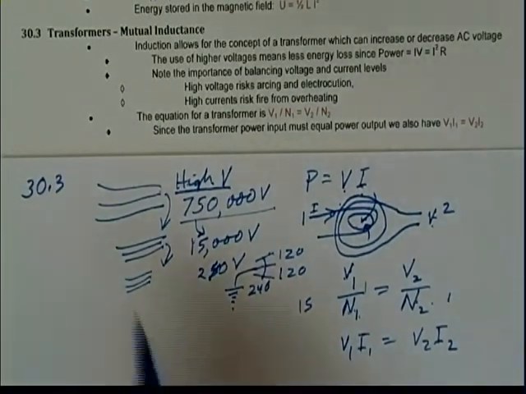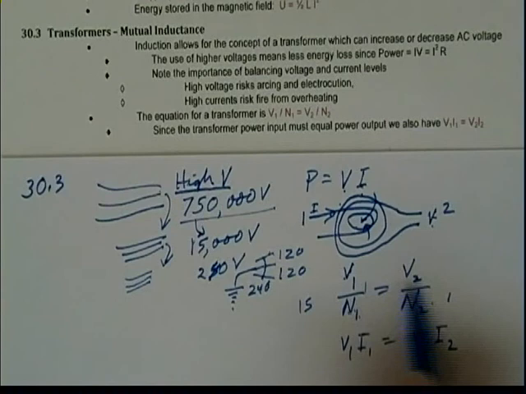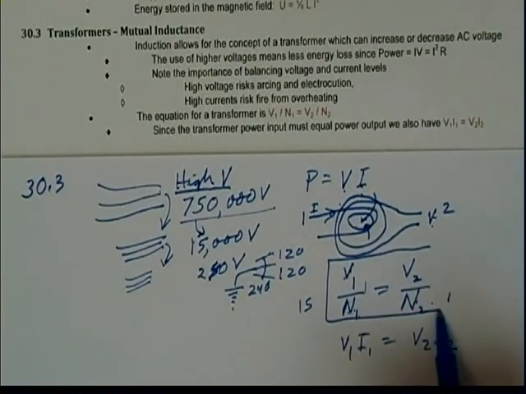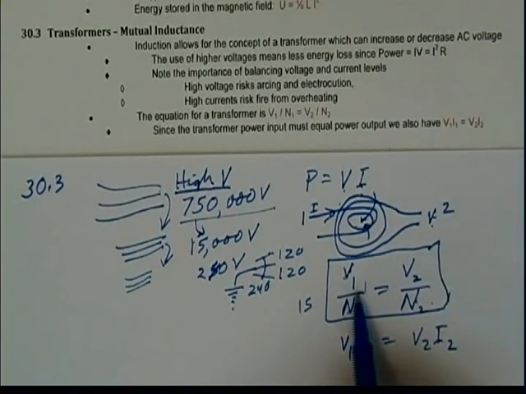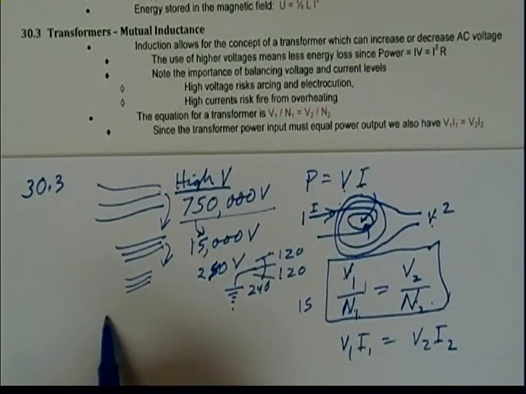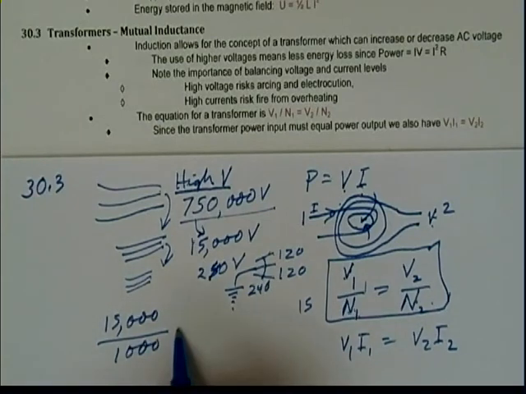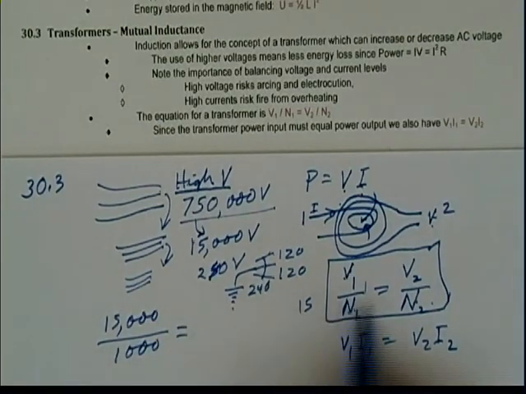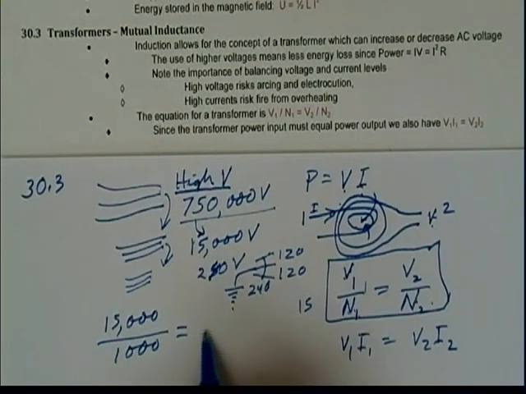So what kind of problems might you have to work here? Well, simply using this equation right here, you can say if we started out with 15,000 volts here, and we had, as in my example, 1,000 turns, then what would we have over here if we had 100 turns.